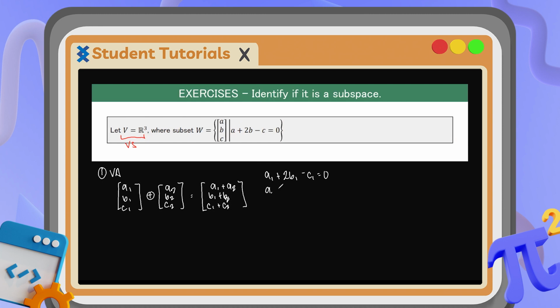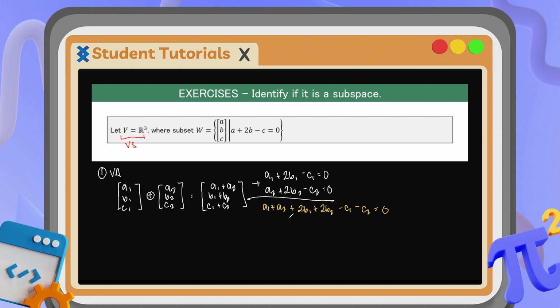And another property that should be true also is a sub 2 plus 2b sub 2 minus c sub 2 is equal to 0. Therefore, adding them together will give us a sub 1 plus a sub 2 plus 2b sub 1 plus 2b sub 2 minus c sub 1 minus c sub 2 equals 0.